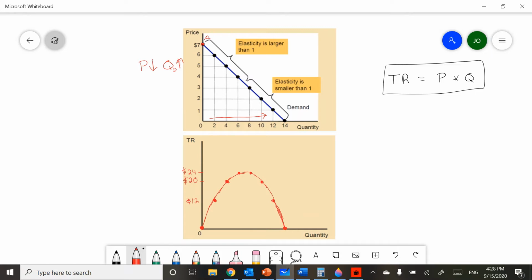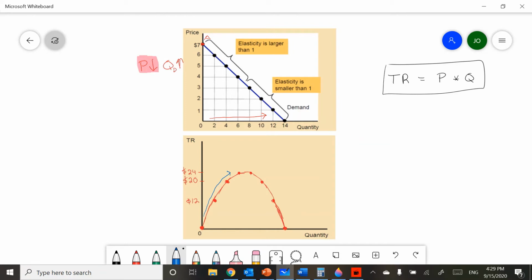Now, let's put that together with the concepts that we see in the second graph at the bottom, the total revenue curve. What we notice is that even though our price is going down, in our total revenue curve, our total revenue is initially increasing.